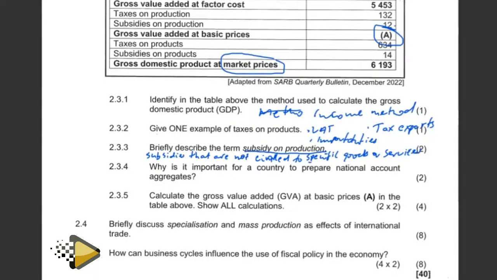As an example, we have subsidy paid on employment.